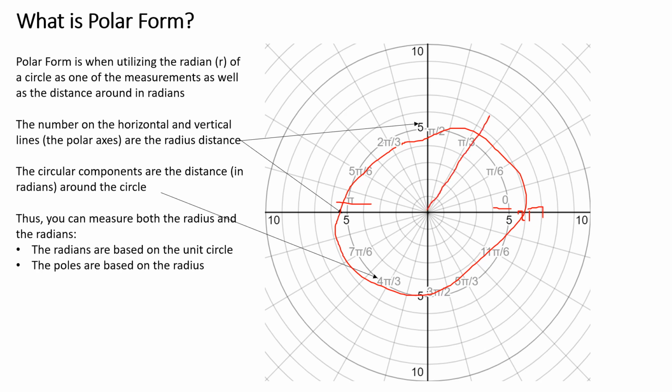And here is 1, 2, 3, 4, 5, 6, 7, 8, 9, 10. Looking at this one, we can look at what the radius is as well as the distance around the circle simultaneously. And again, this is called polar form.